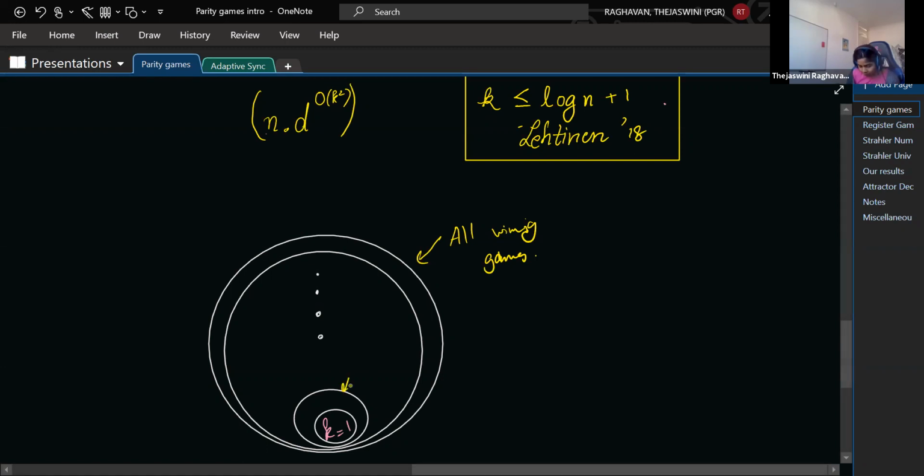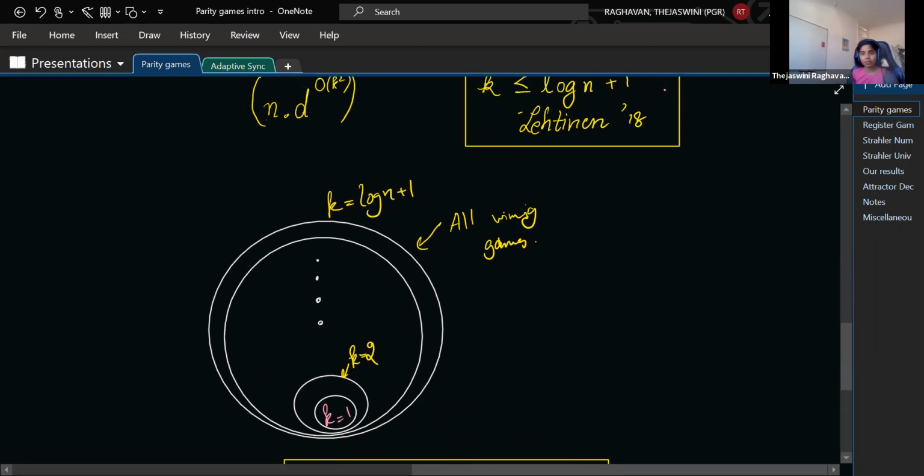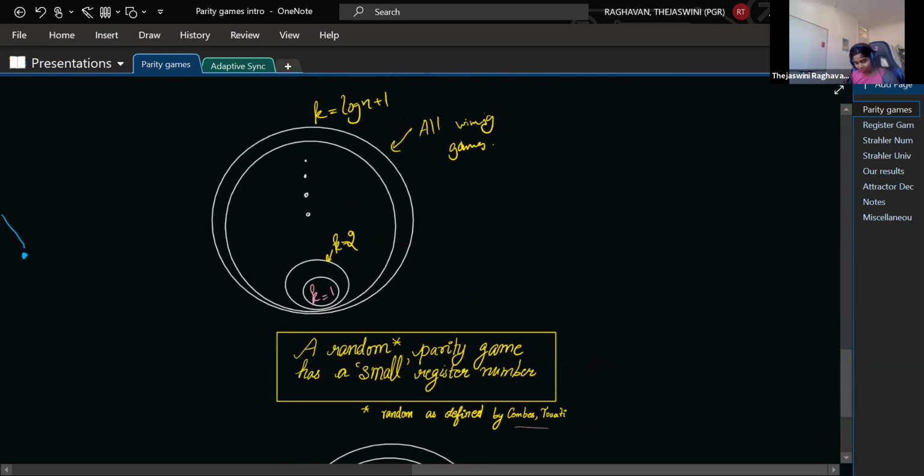And when you put k equals 2, you solve an even larger one. And so on, until when you give k equals log n plus 1, then you solve all games for Steven. But this diagram is quite misleading in that k equals 1 is not as small as we think it is.